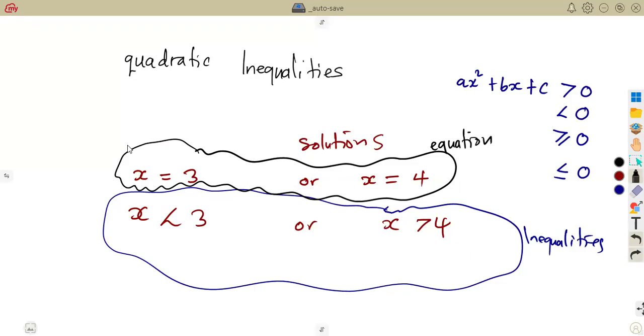These are the solutions which we refer to as the critical values. The critical values, which I'm just going to write in short as we are moving on. Those are the solutions when solving an equation.